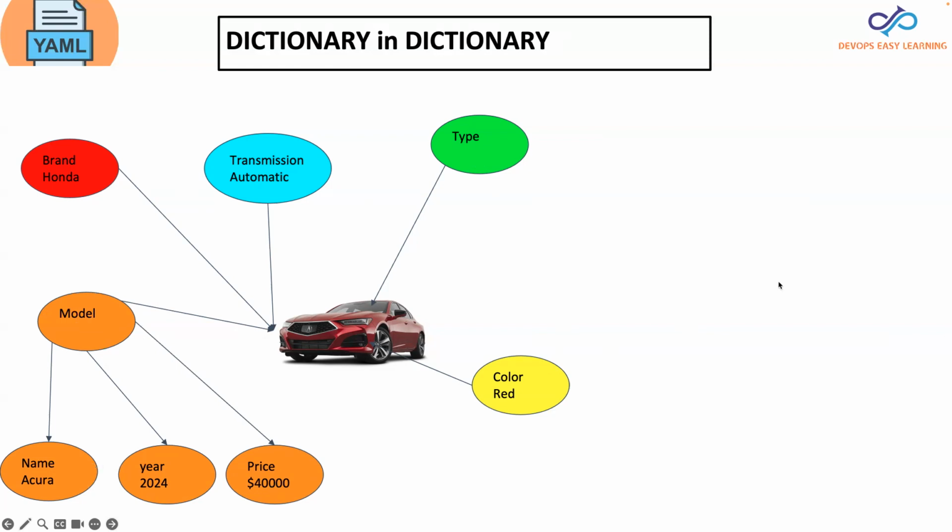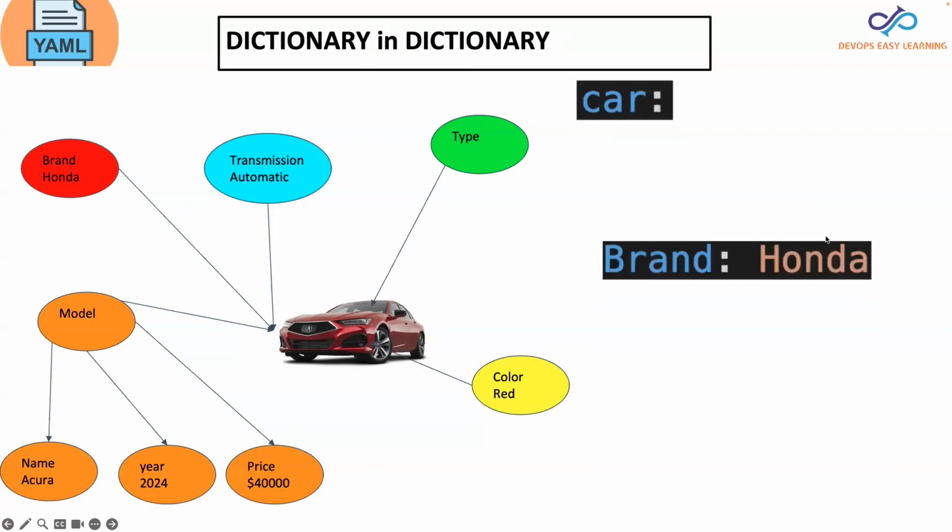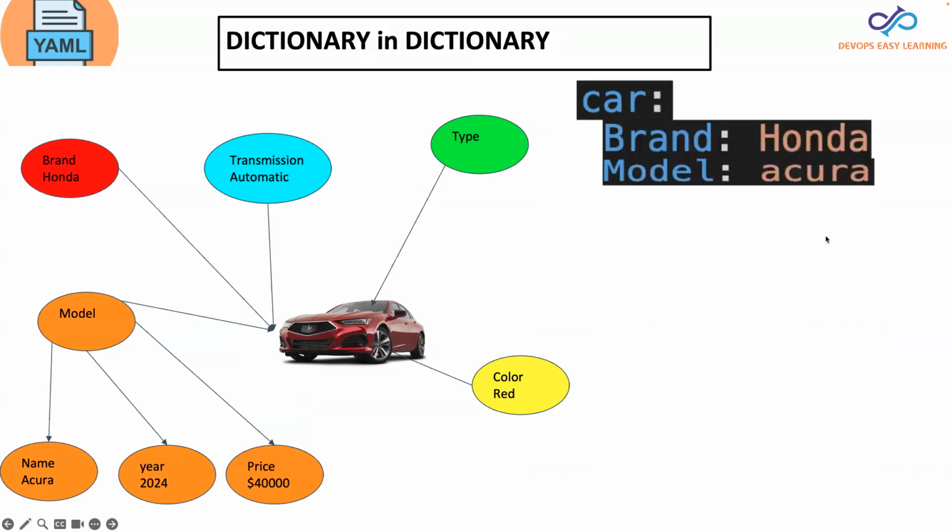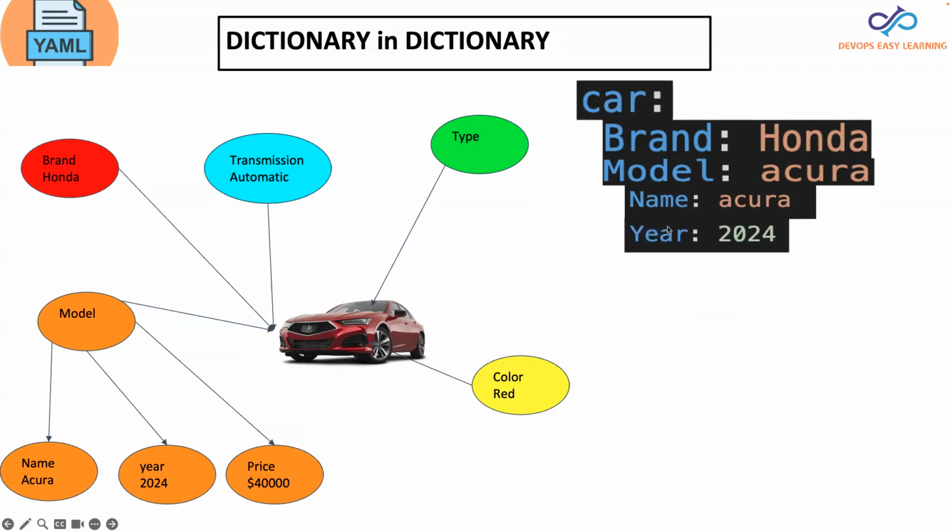If you want to write this in terms of YAML, we are going to define the car first, followed by the brand, then the transmission, then the model, then the name. Under the model, we are going to define the name of the model. As you can see here, look at this gap. This just means that the name actually belongs to the model. Then we'll define the year, then the price. So this will be called a dictionary in the dictionary.